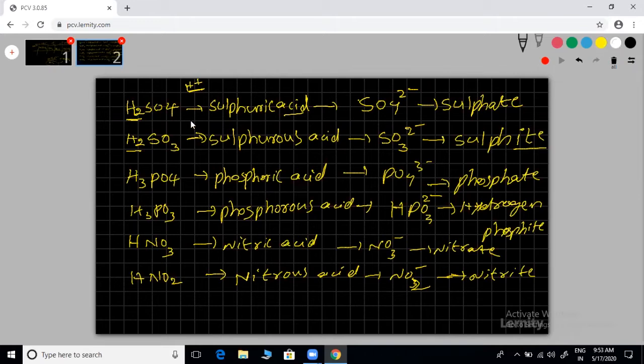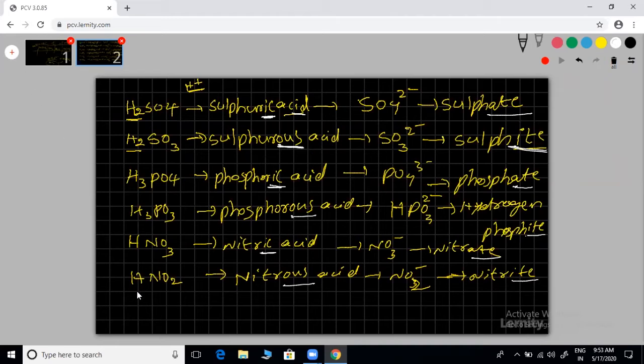Here, ic acid gives ATE, and ous acid gives ITE. Understood that point? So ic acid forms ATE, and ous acid will form ITE. You can underline and note down this point. So ic acid will give ATE: the name of that anion ends with ATE.